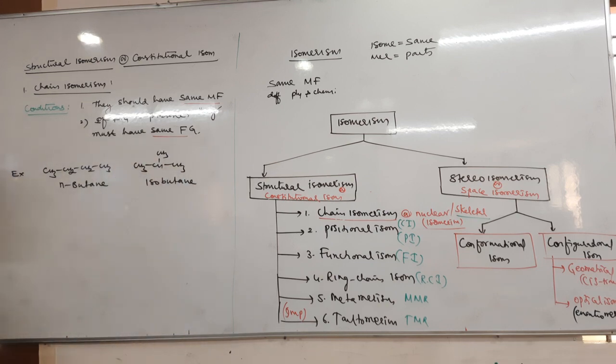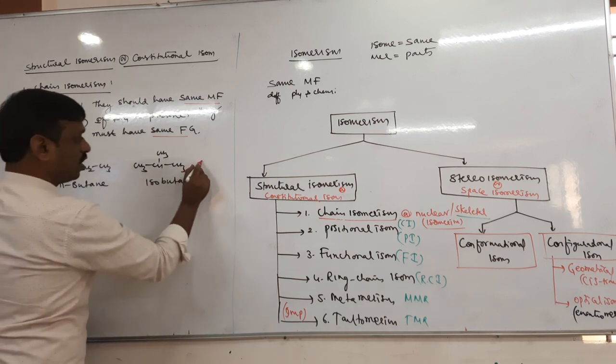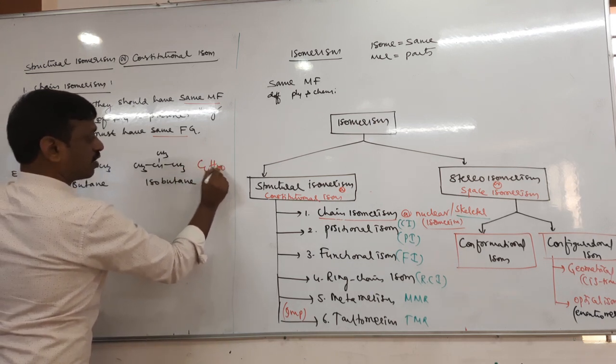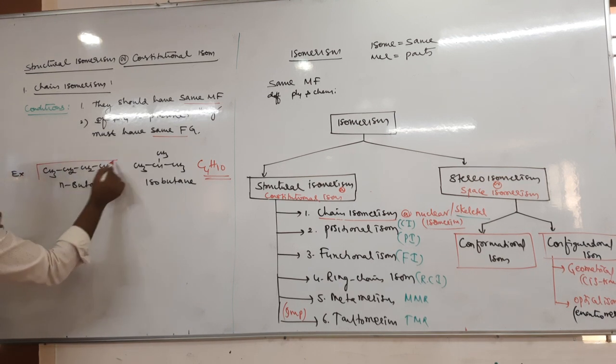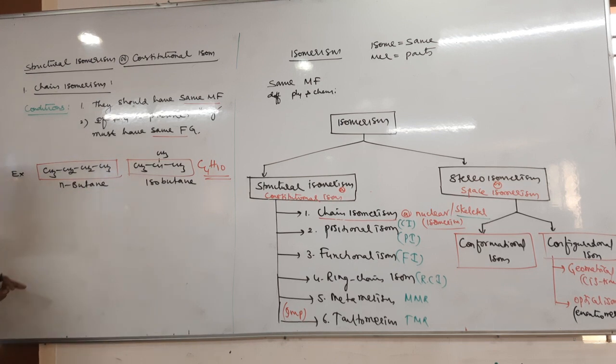Yes, C4H10. But this parent chain has 4 carbon atoms and this one has 3. Therefore, they differ in the number of carbon atoms in the parent chain. Side chain difference is also possible.